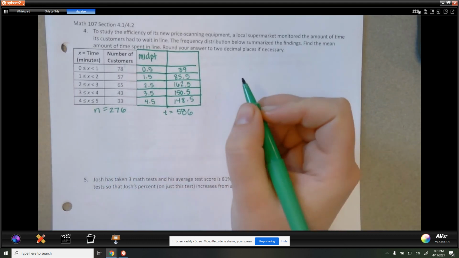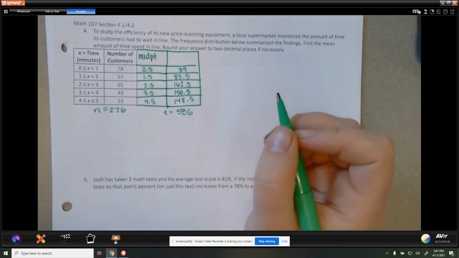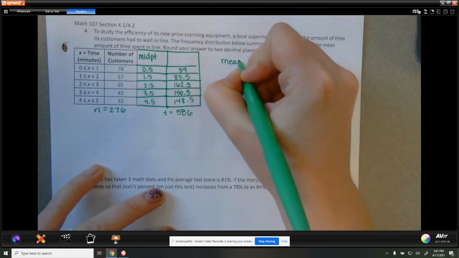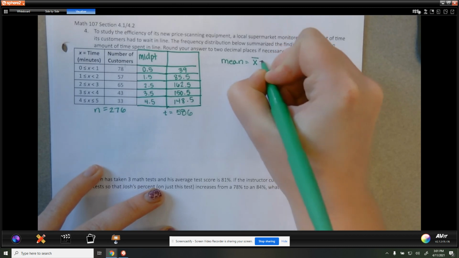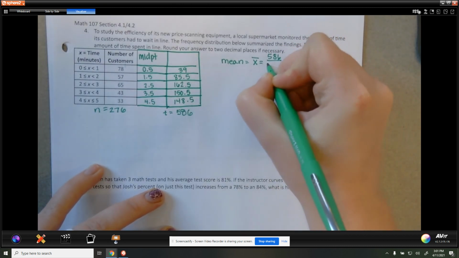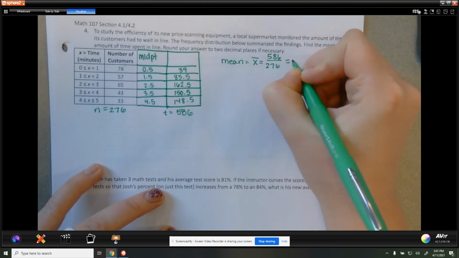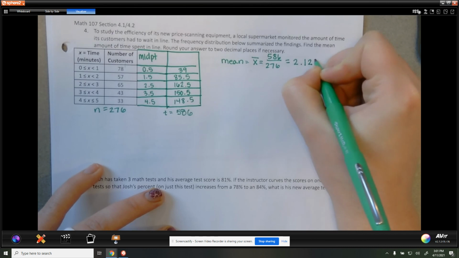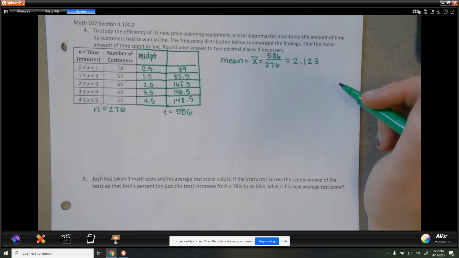We divide that by the number of customers, 276. So our mean, which we can call X bar, you can get used to that shorthand, was 586 divided by 276, which is 2.123-ish. So we can convert that to seconds.